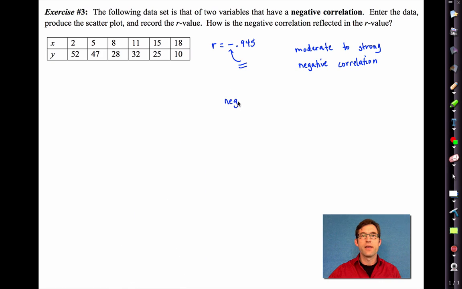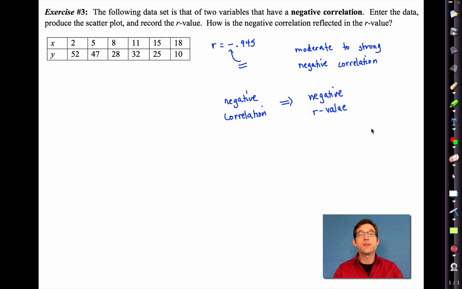Well, when you have a negative correlation, that will result in a negative R value. All right, negative correlations correspond to negative R values.